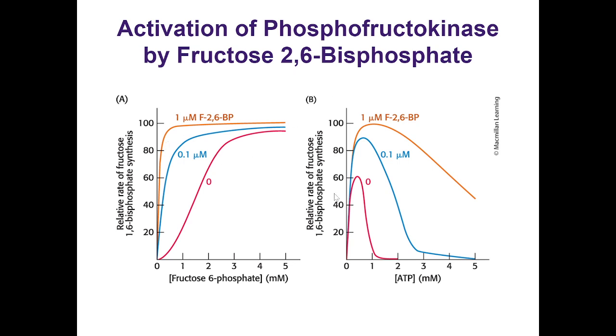This right here would be your relative rate of your fructose 1,6-bisphosphate synthesis, and here would be your ATP concentration, also in millimolar. And this right here would be 0 concentration of the F26BP. This would be 0.1, and this one right here would be 1 micromolar.